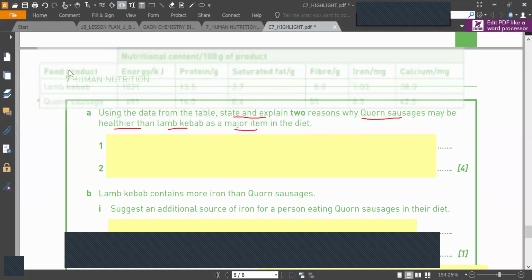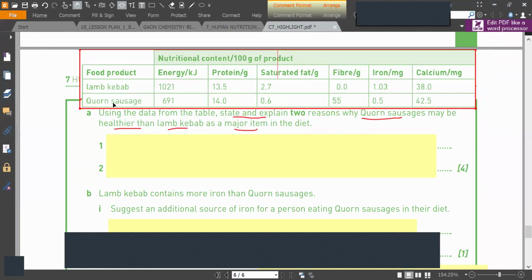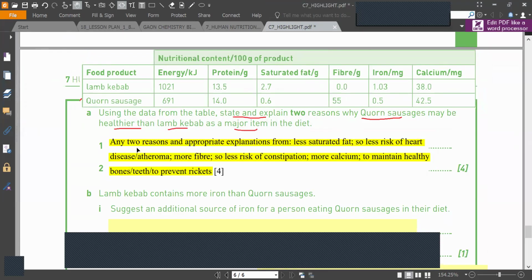So what can we comment about this? First, less saturated fat. We can see the corn sausage has less saturated fat, so there is less risk of heart disease. So the corn sausage is better.